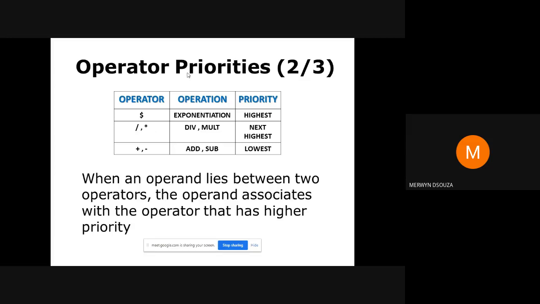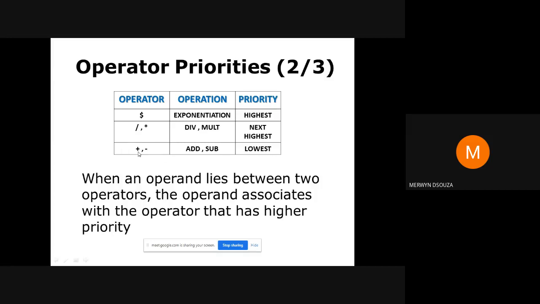So you can just note that whenever you have brackets in an infix expression, you are going to solve brackets first, followed by exponent, followed by division and multiply. Division and multiply have equal priority, and the lowest priority is plus and minus. Again, plus and minus have the same priority.